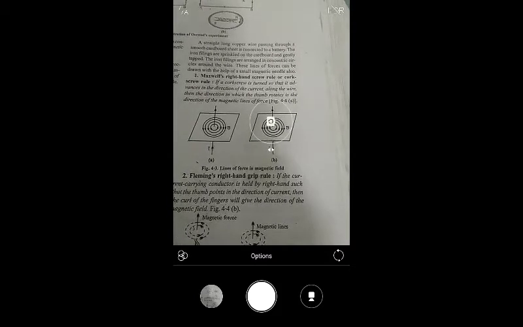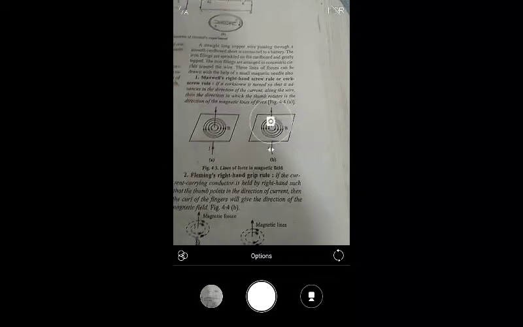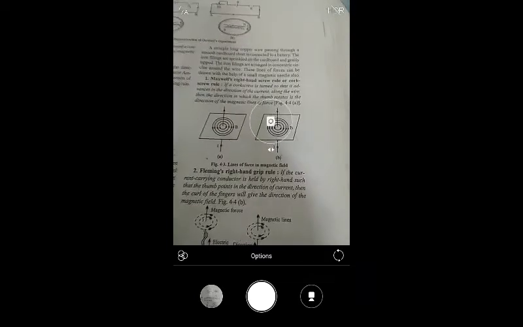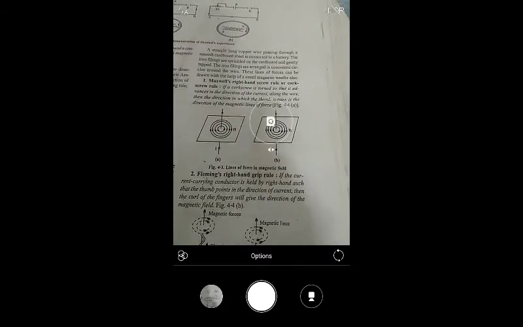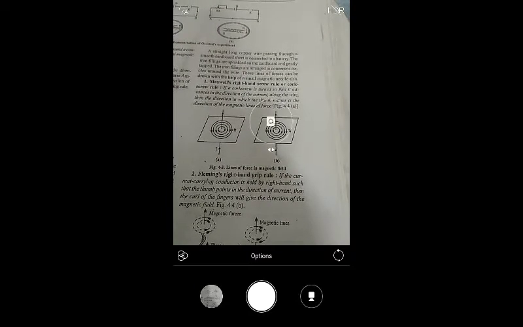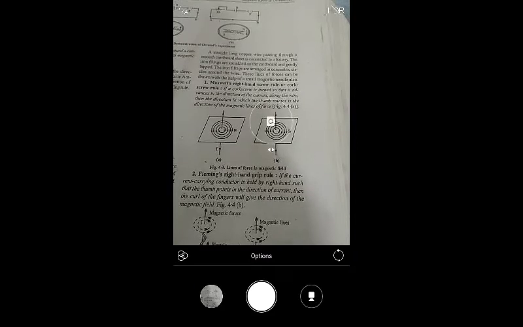It is anticlockwise. So whenever the current is in the upward direction, the magnetic line of force is in the anticlockwise direction.